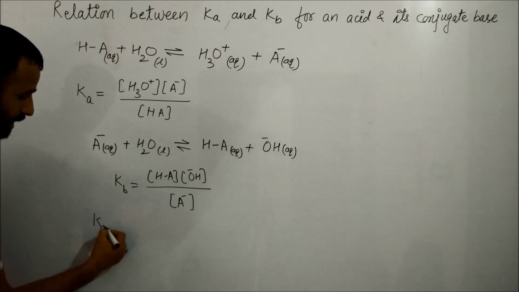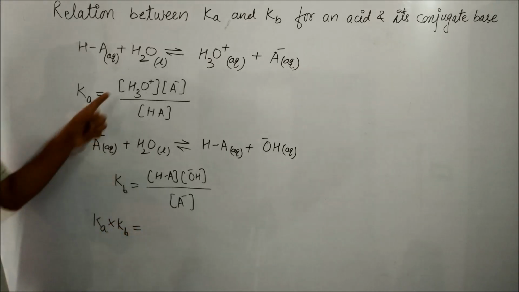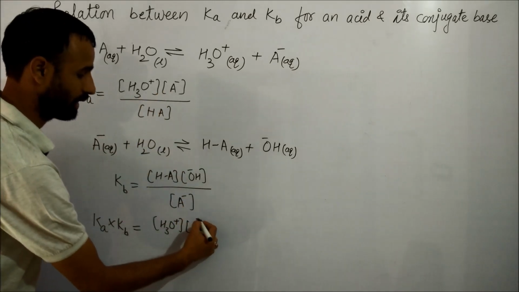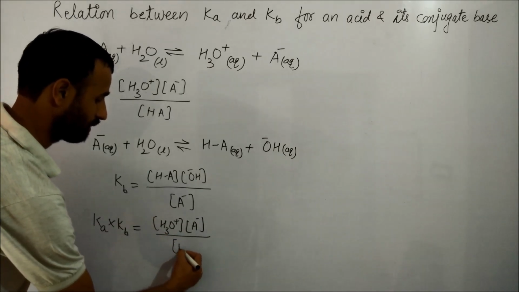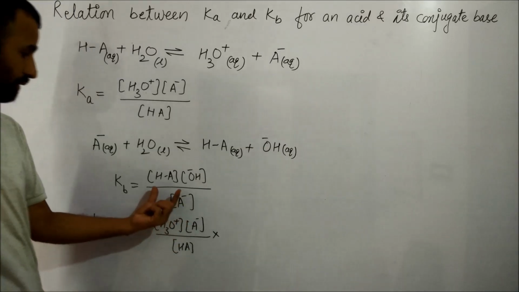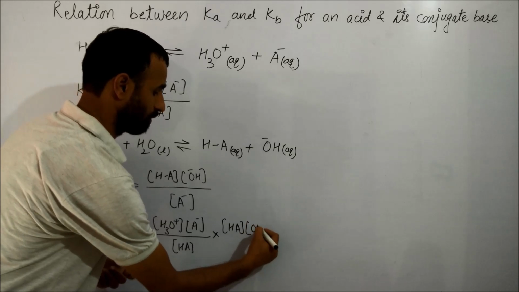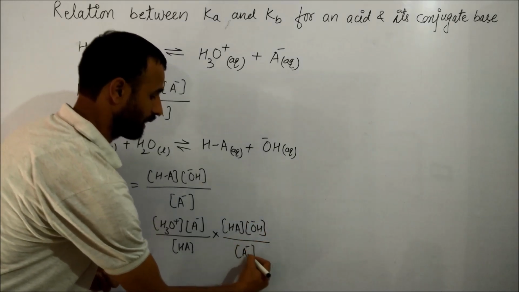So Ka into Kb is equal to H3O+ into A- divided by HA, into OH- divided by A-.